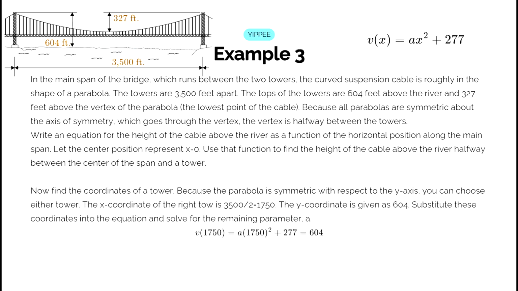So let's continue. Now find the coordinates of a tower. Because the parabola is symmetric with respect to the y-axis, you can choose either tower. The x-coordinate of the right tower is 3,500 divided by 2, because we're going halfway. So 3,500 divided by 2 is 1,750.